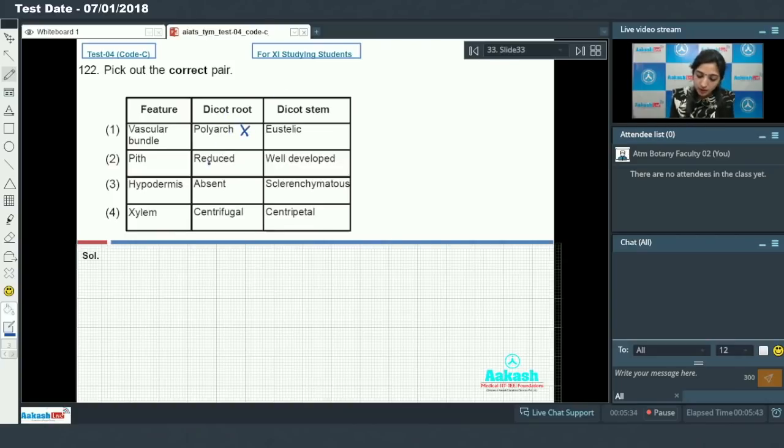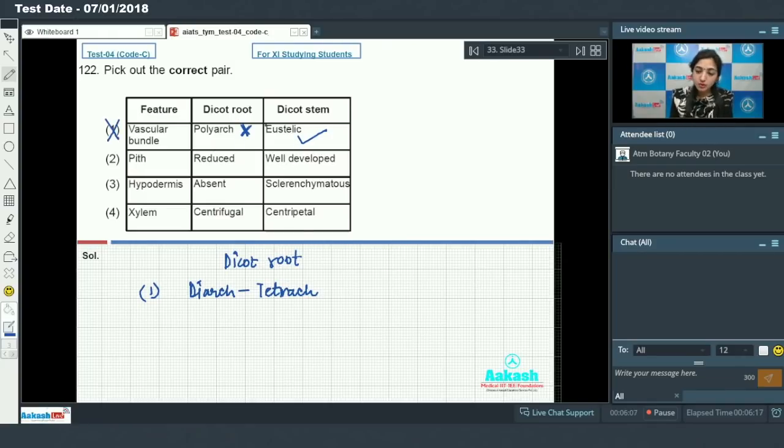No. In dicot root, vascular bundle is diarch to tetrarch. So this is incorrect. Eustelic vascular bundles are found in dicot stem. This is true. As one of them is incorrect, this option is ruled out.